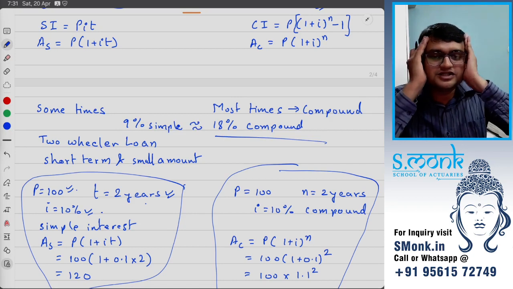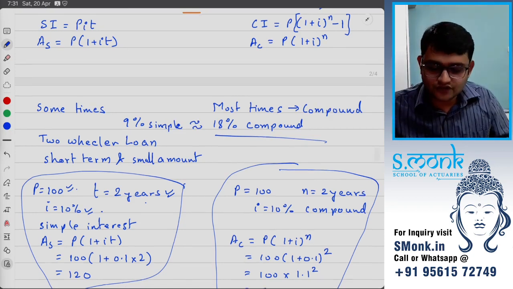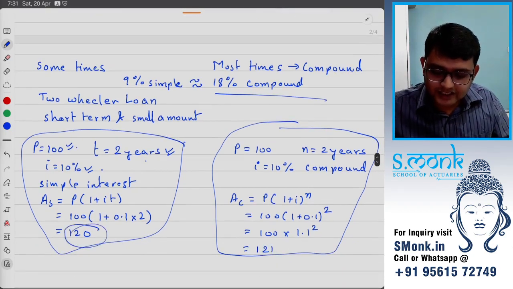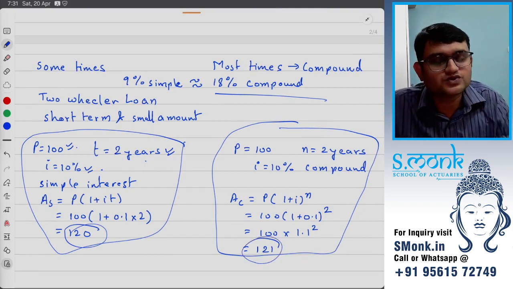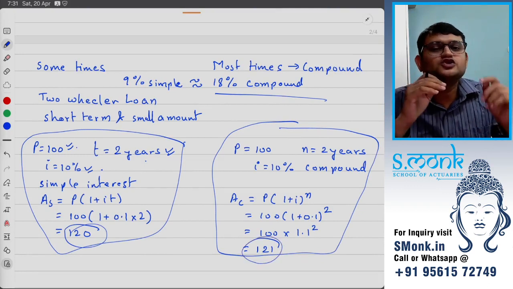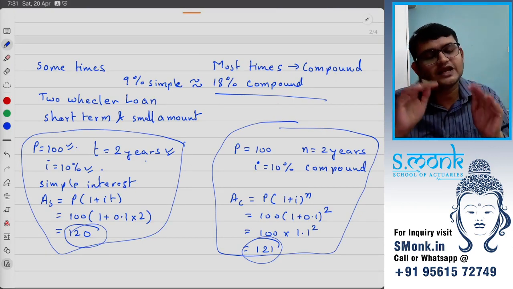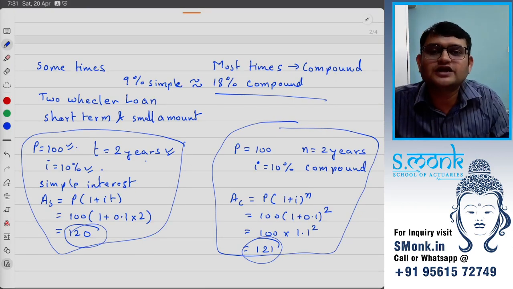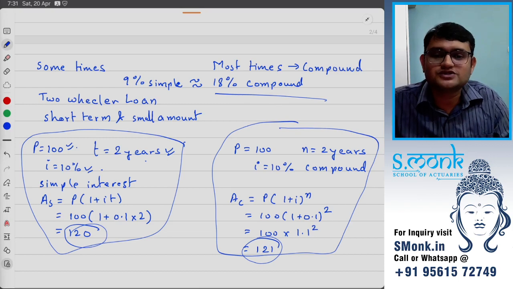Right now it might seem counterintuitive. We always say we are paying less interest in simple and more interest in compound. That is what we say. But when it is loans, it becomes the opposite. I'll explain that again when we come to that chapter. I'll remind you of this.